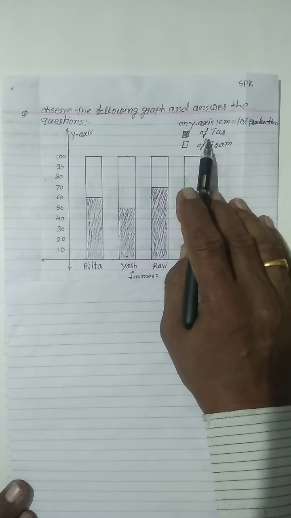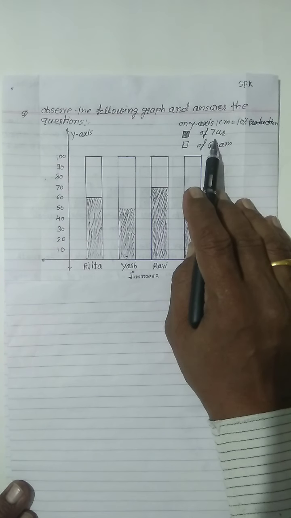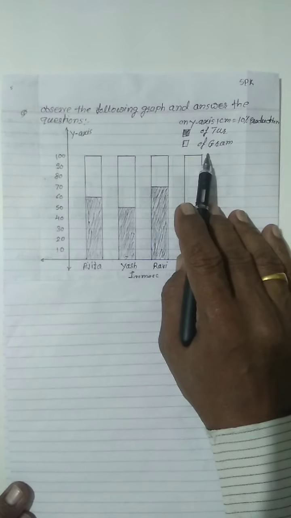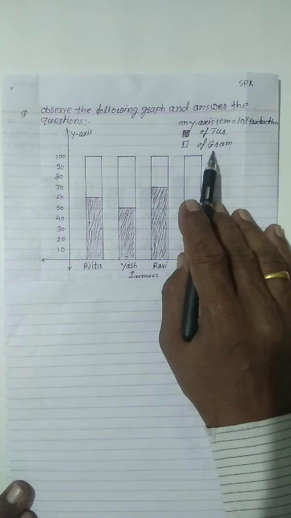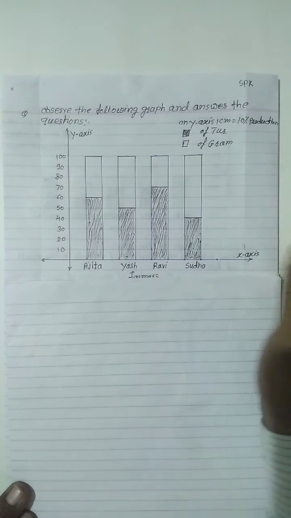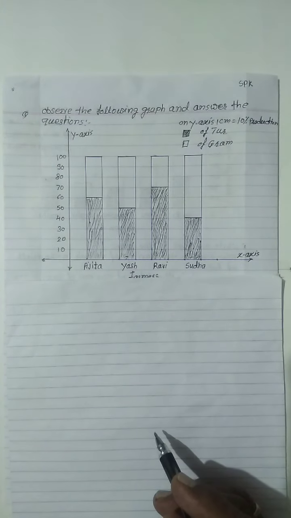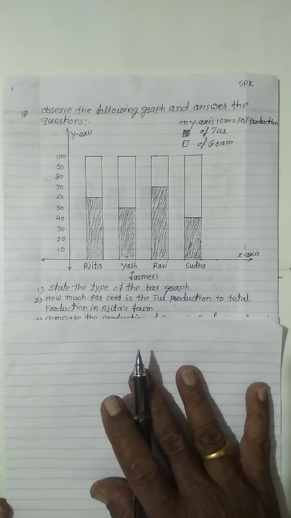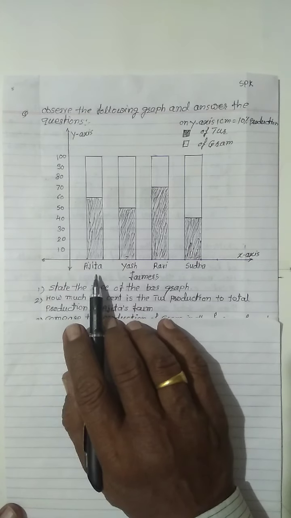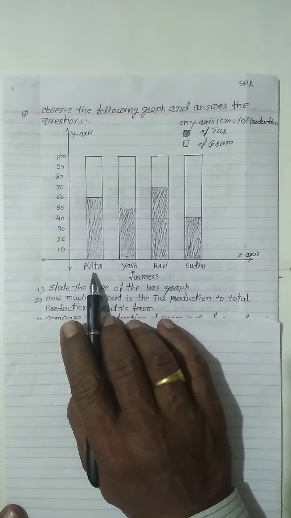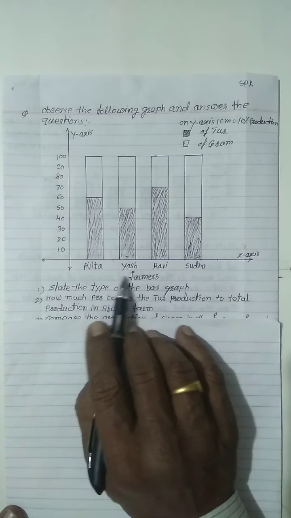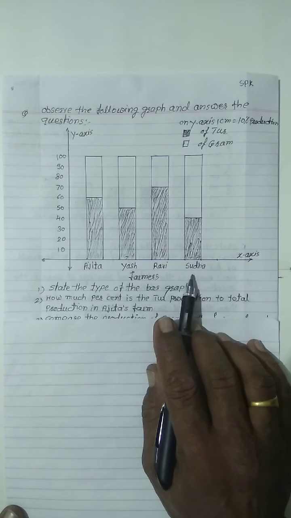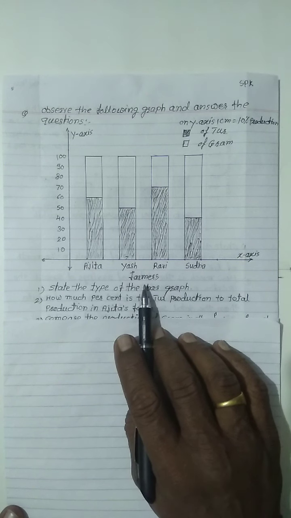Now the shaded portion is the tur and the non-shaded portion is the gram, that is what we call harbara. Now the question is like this. See, there are 4 farmers: Ajit, Yash, Ravi and Sudha. These are the farmers.